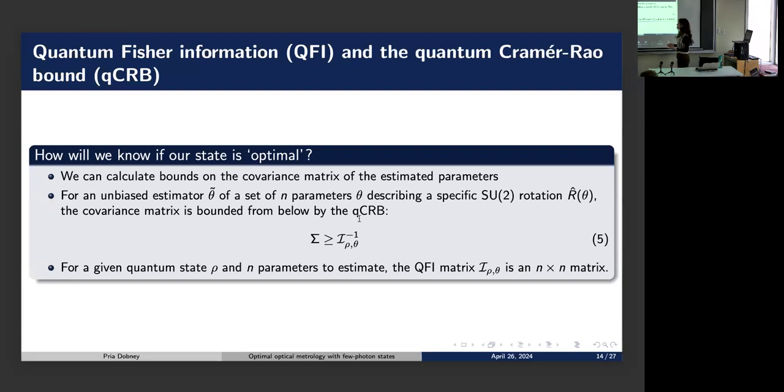Ideally, we want to minimize this quantity so that we have a very low variance in our estimation, implying that we can estimate it very well. One particular bound that we use is known as the quantum Cramér-Rao bound, and it bounds the covariance matrix between all the parameters from below as the inverse of the Fisher information matrix.